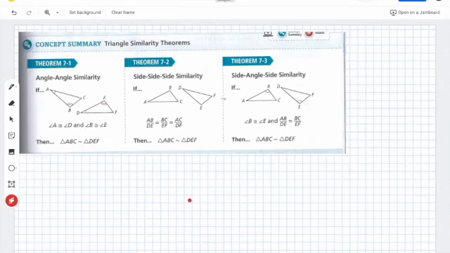So those are the three ways to show that triangles are similar.